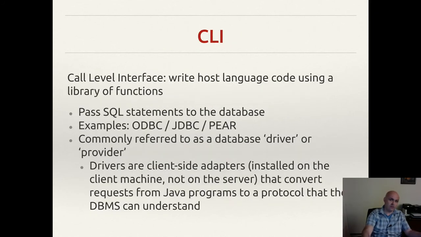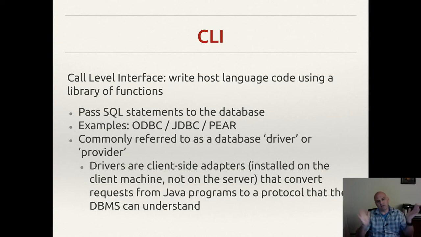Where I want to focus is this, because this is what we do nowadays most of the time, and where I'm going to focus my energy, because I think this is where you guys will have experience either already or hopefully will soon. So CLI, call level interface, is basically a little bit of semantic sugar, a little bit of a newer approach to the embedded.